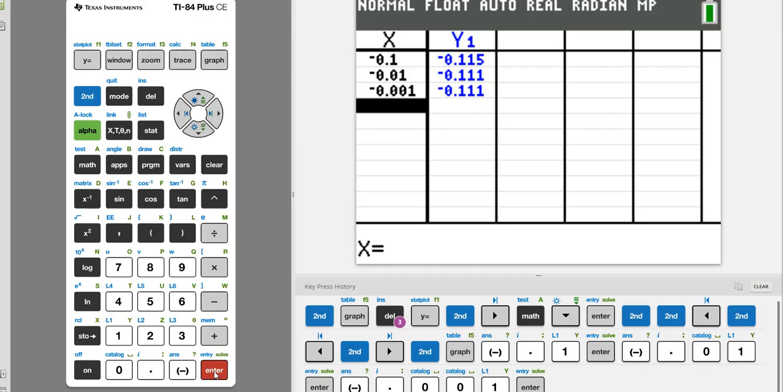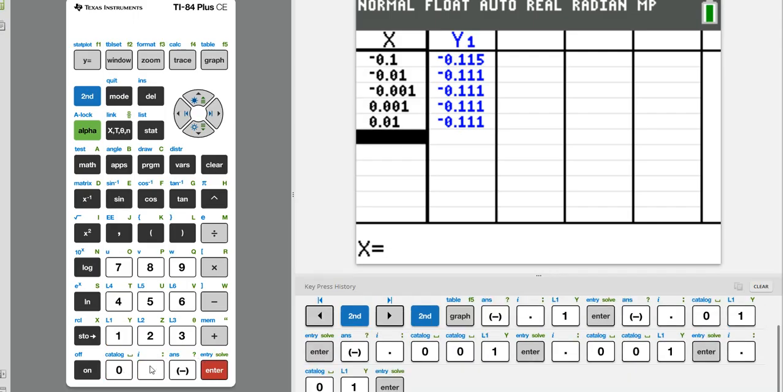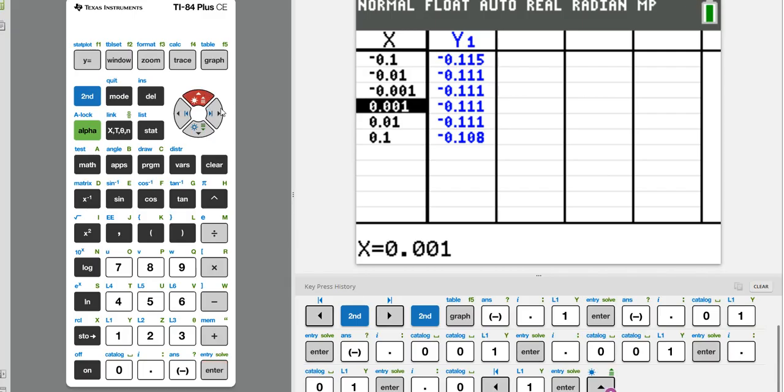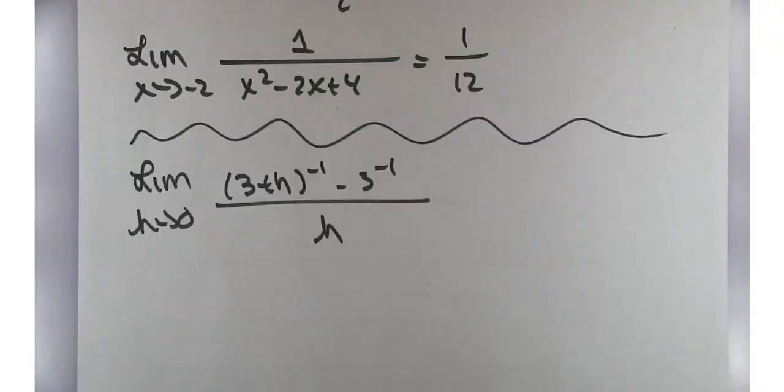The same thing in the positive direction. Perfect, thank you. Now, it might not be obvious what this decimal represents as a fraction, but it looks like it's getting close to 0.11111. We'll keep that in mind, but that's where it looks like it's headed.